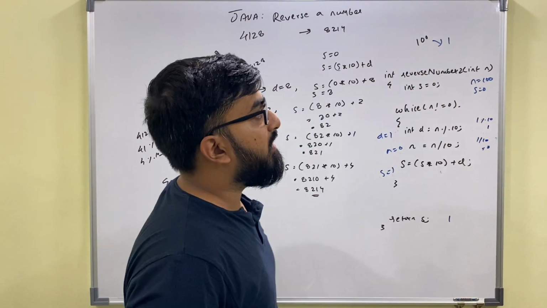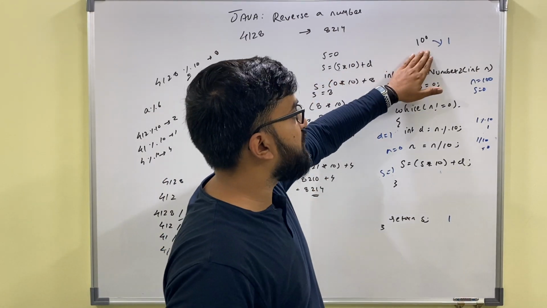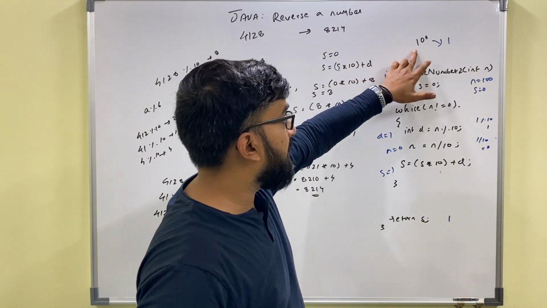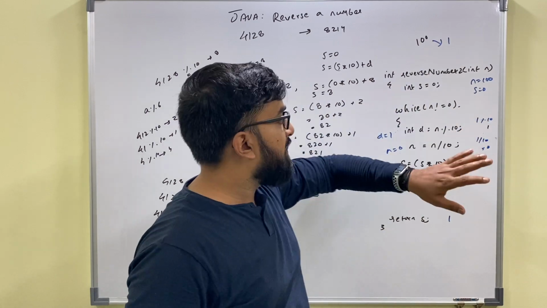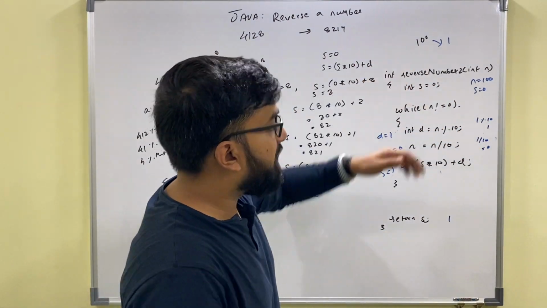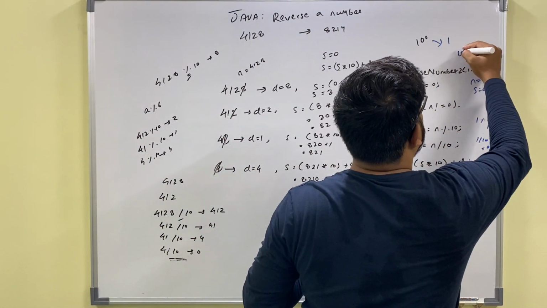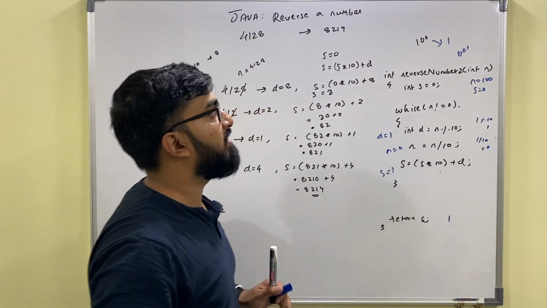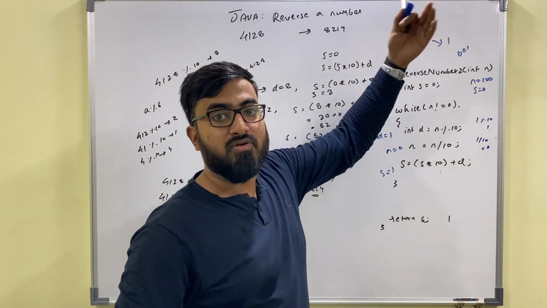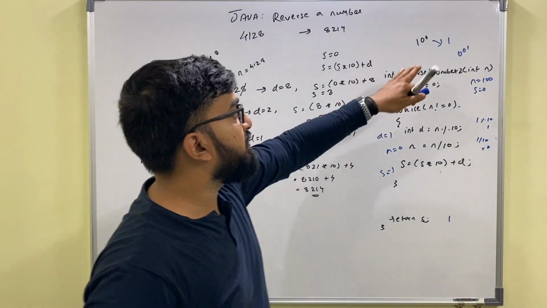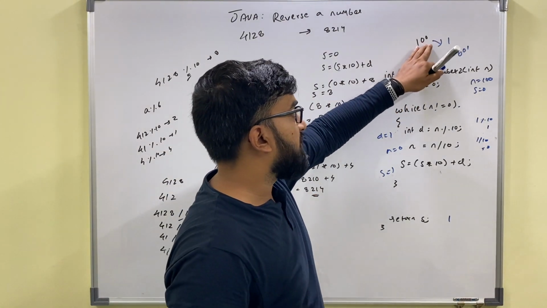So it again depends upon the question you are solving. If the reverse of 100 is defined as 1 in the question you're solving, you can use this method. If the reverse of 100 is supposed to be 001, then use the string method where you convert the number to a string and then you reverse the string. In that case you won't lose these zeros.